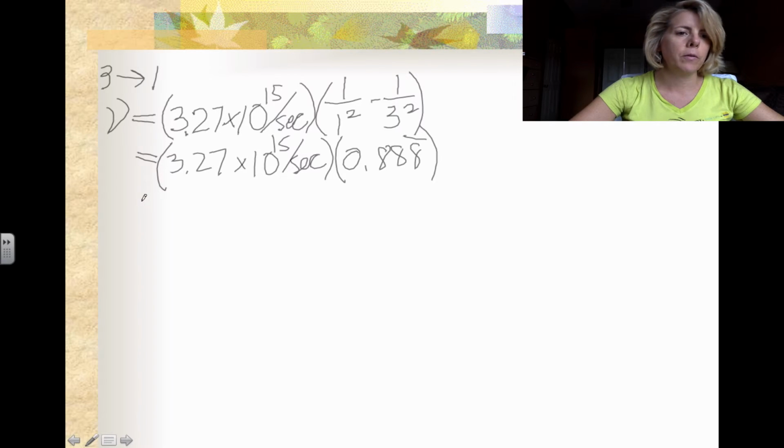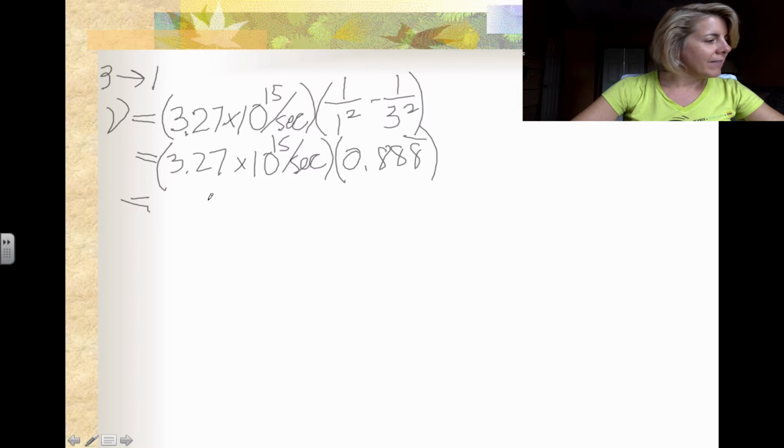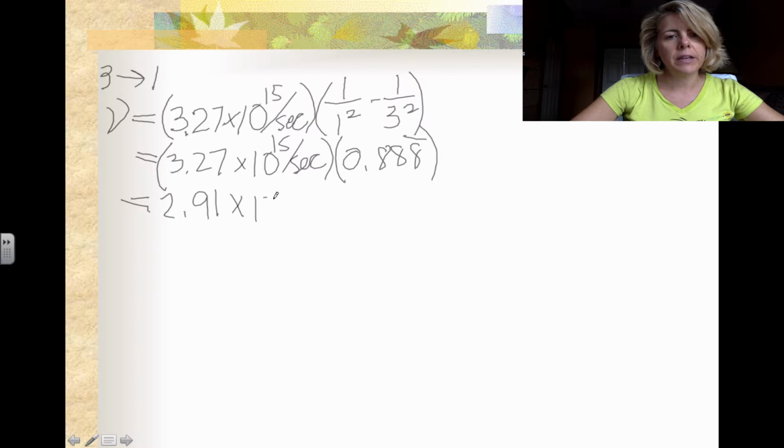When I multiply those two together, I'm going to get 2.91 times 10 to the 15th. And that's frequency, so it's per second.